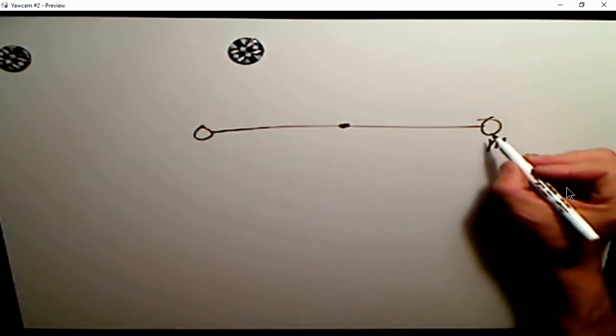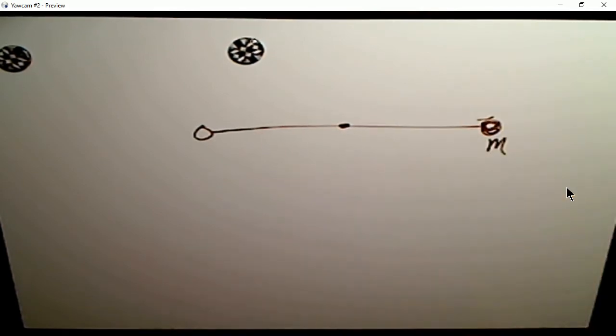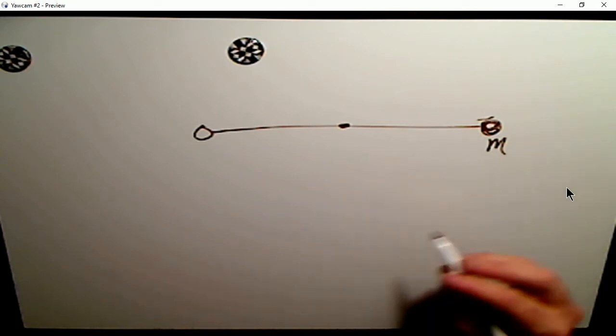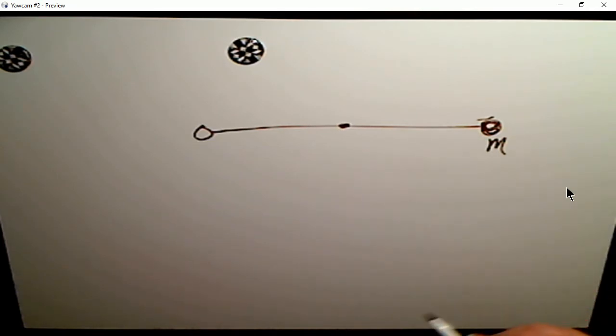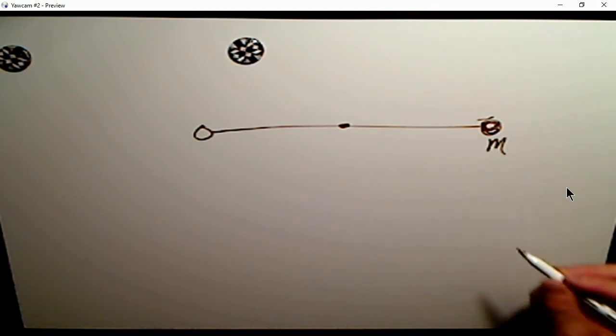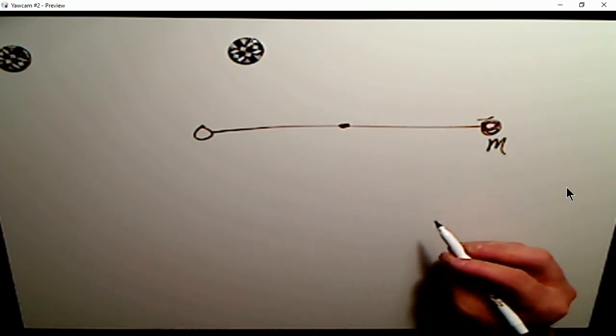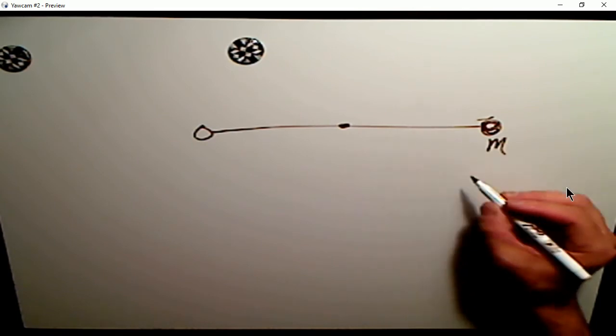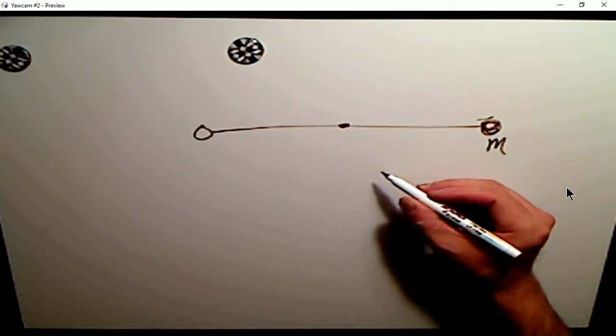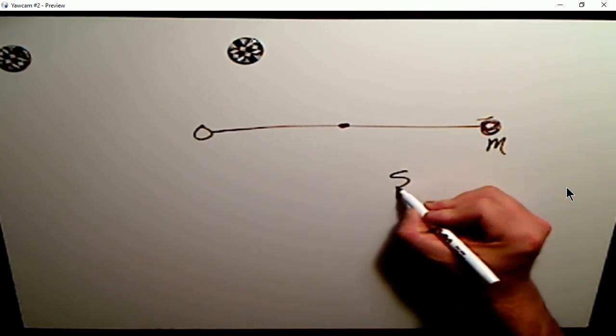Well, let's make it simple. I'm going to put just a mass at one end here. Okay? So we're going to say that the length of this is, well, let's go with 5 meters.